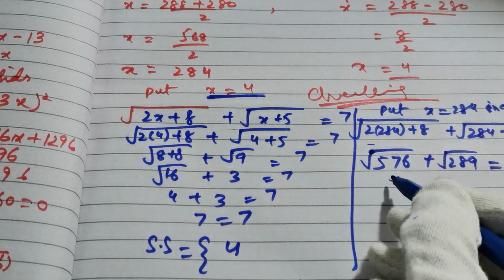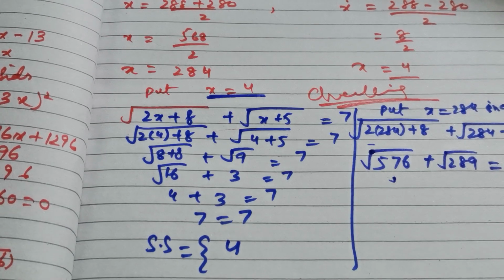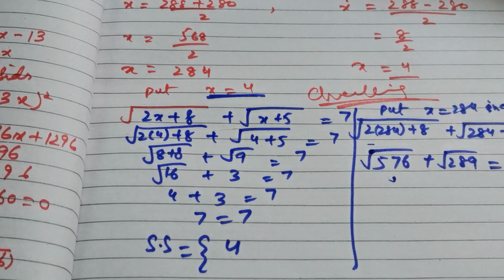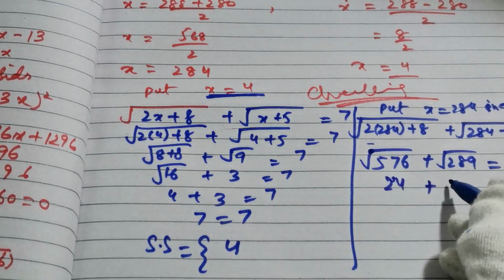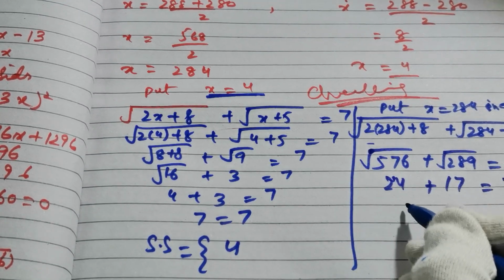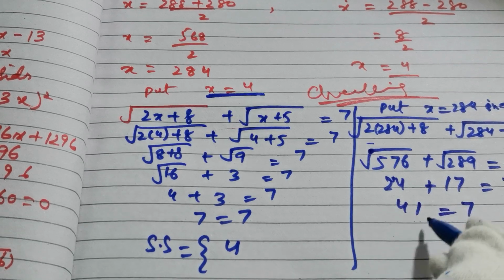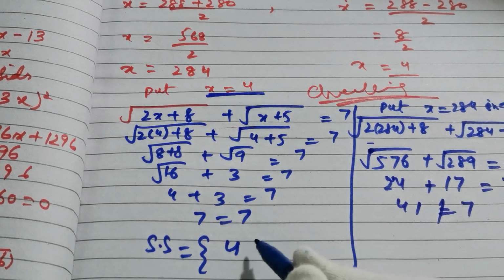The square root of 576 is 24, and the square root of 289 is 17. 24 plus 17 is not equal to 7, so the solution set becomes 4.